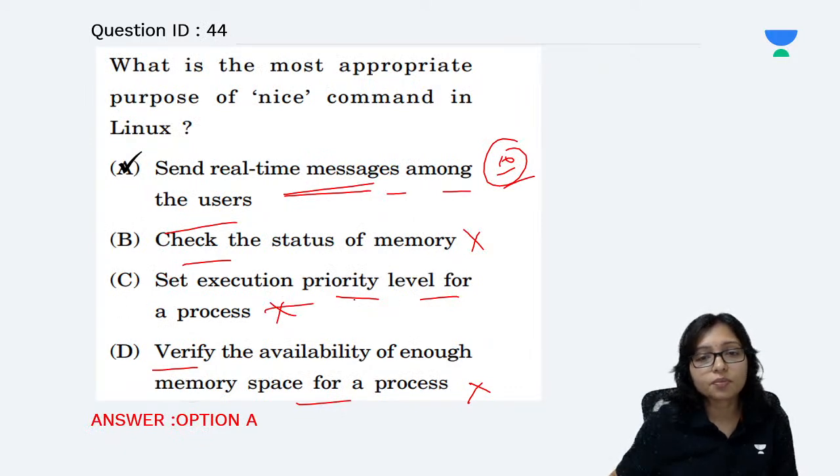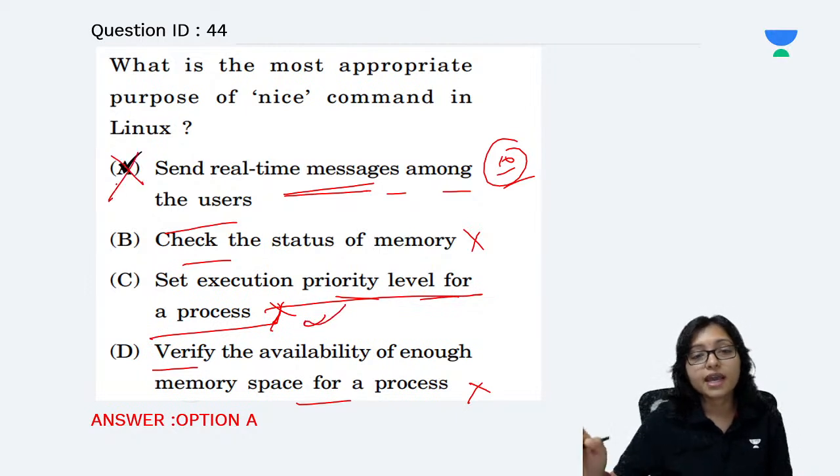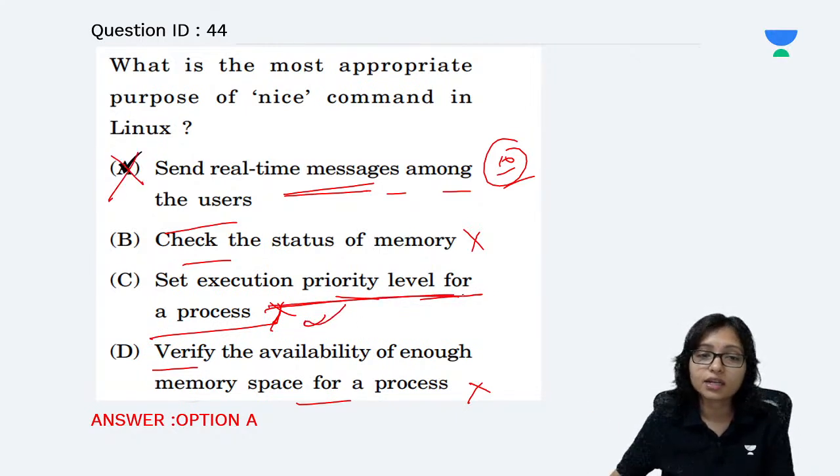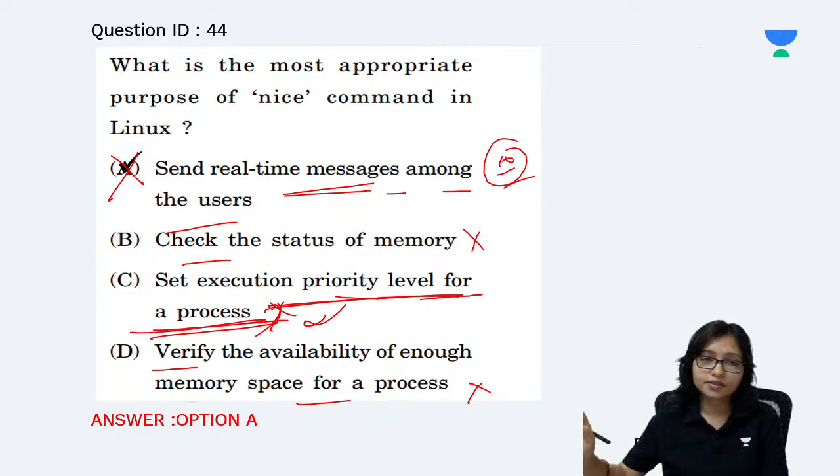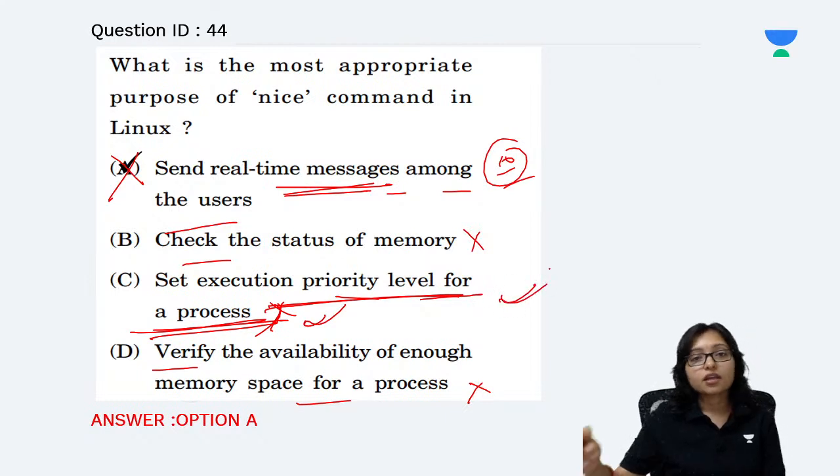Set execution priority level for the process. This will be the correct one. This is not execution priority. Which one will be the execution priority? This one. C is correct. Yes, here C, I explain to you. C will be the correct answer. That is the nice command task. C is the correct one here.